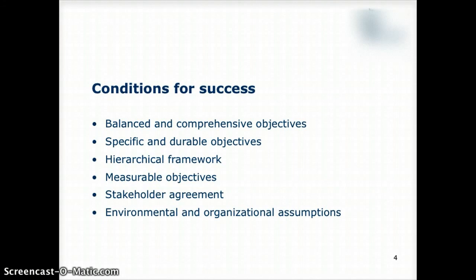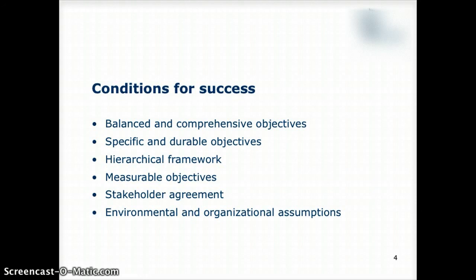All right, so if you look at strategic alignment or alignment in general, there are a bunch of things that are necessary for this to be successful or to be even doable. The book explains them in greater detail, but there needs to be balanced and comprehensive objectives. It needs to cover our whole business idea.